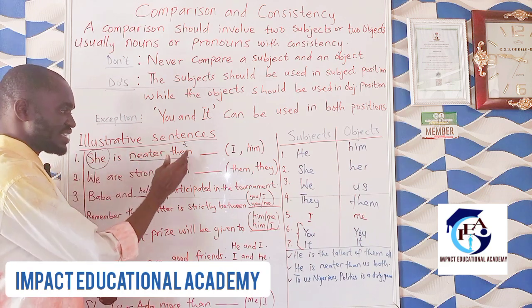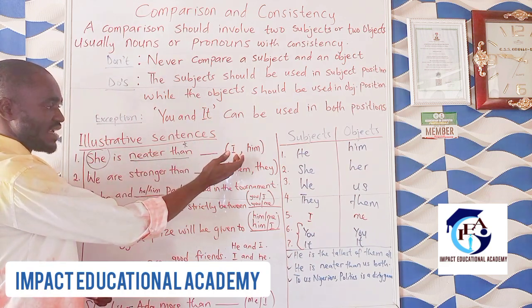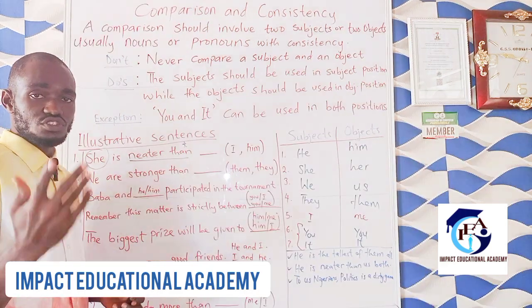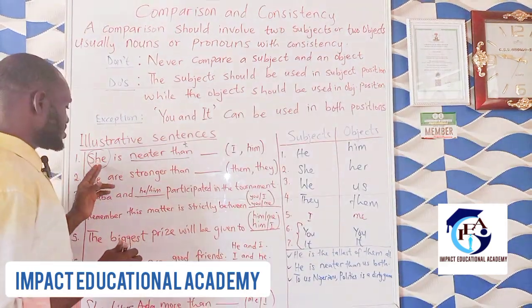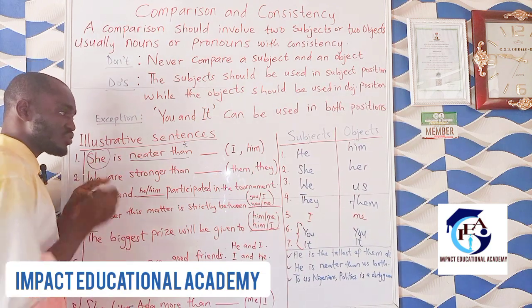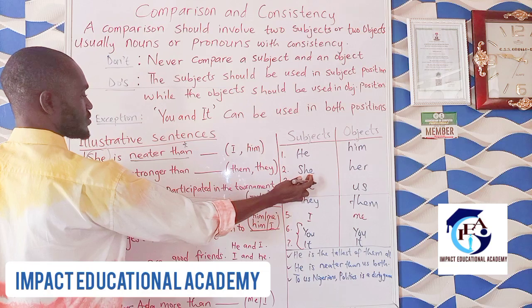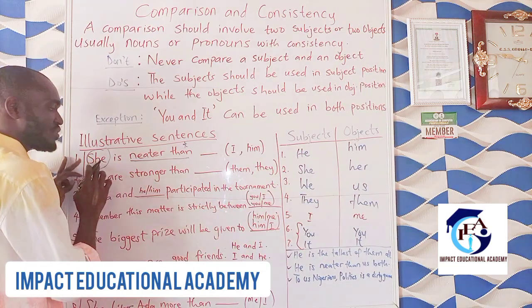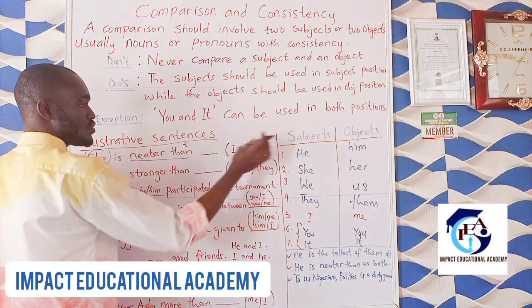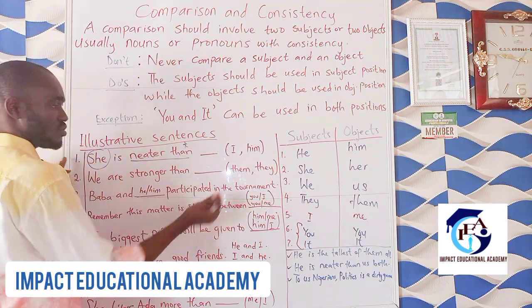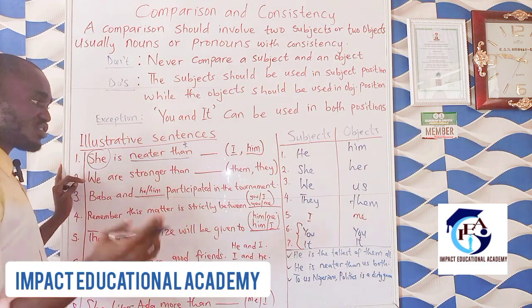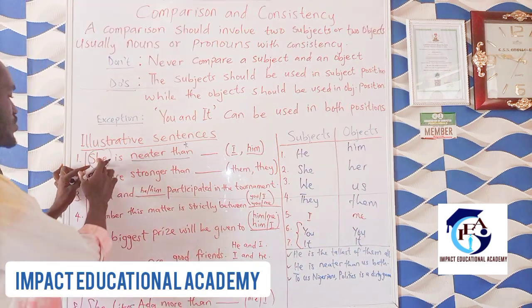Look at this. She is later than I, or she is later than him. What are we going to choose? This pronoun is a pronoun in position of subject. So if we are comparing it with another pronoun, it should be a pronoun in the position of subject as well. So out of I and him, which one is in the position of subject?